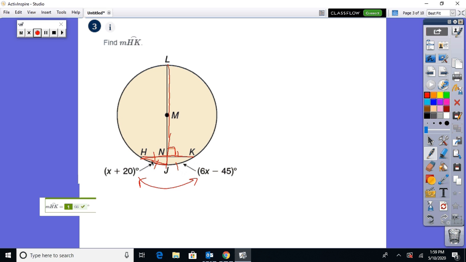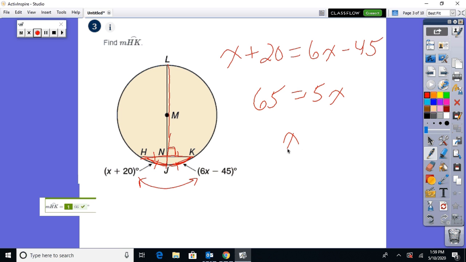HJ has to be the same as JK. So x plus 20 equals 6x minus 45. Add the 45 to both sides, subtract the x's, and 65 equals 5x. 65 divided by 5, I've got 13 for x, of course.